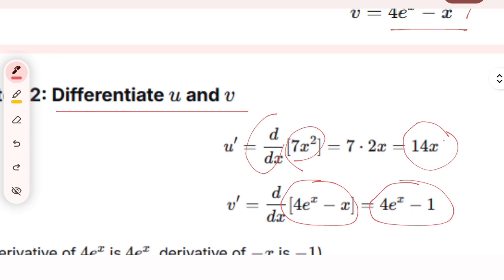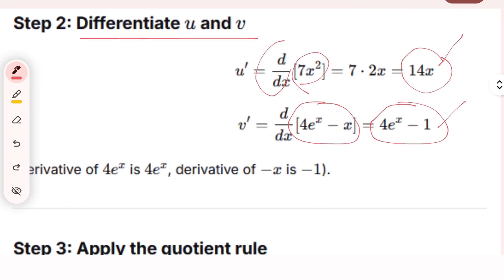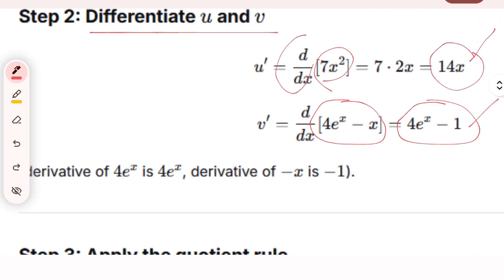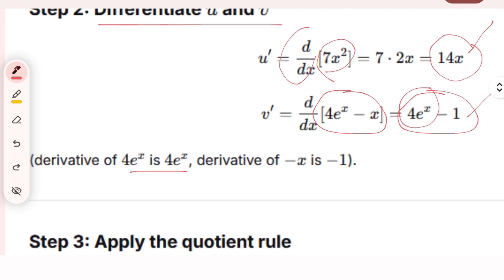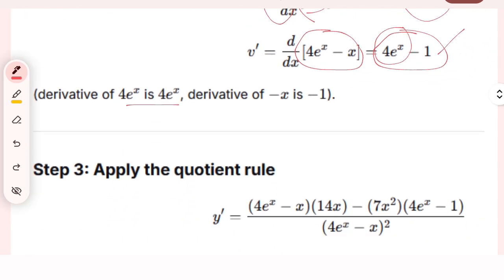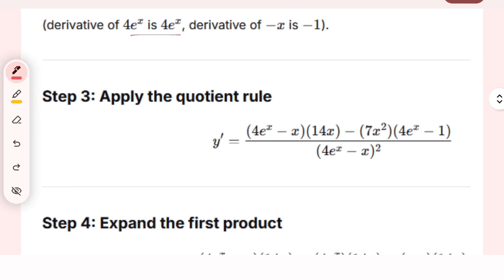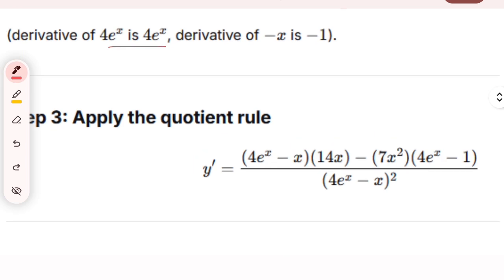As you can see, the derivative of 4 to the x is 4 to the x, which is why we have 4 to the x and then minus 1. Once we have those, we put them back into the formula for the quotient rule.